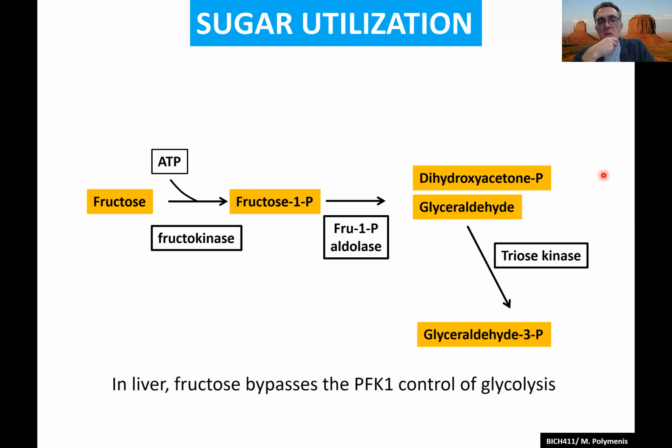The significance of that for human health is that in all these high fructose content drinks and other foods that are sold today, a lot of the fructose that we metabolize goes through this pathway. And when that pathway is operational in the liver, you lose the control at PFK. So you keep breaking it down, and eventually you put it into fat or whatever. And so it's a huge problem. And that's the reason.